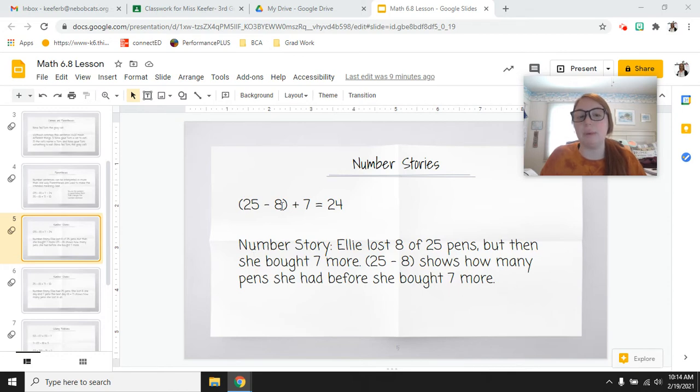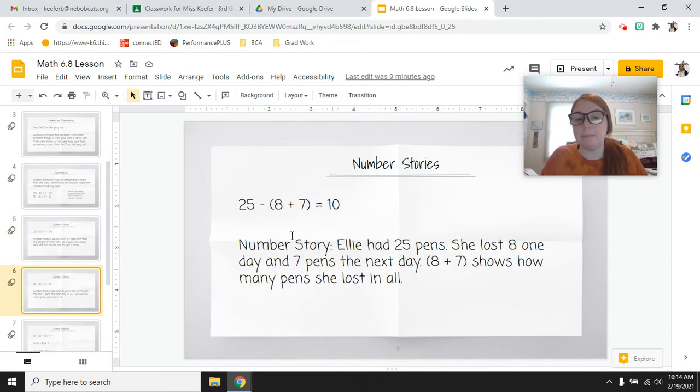So she had 25 pens, she lost 8, which is the 25 minus 8, and then she bought 7 more. So this is where we go into like two-step number stories. You had to solve this problem first to figure out how many pens she had after she lost her 8 pens, and then you needed to add the pens that she bought.